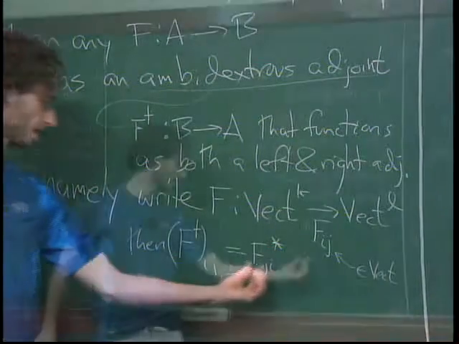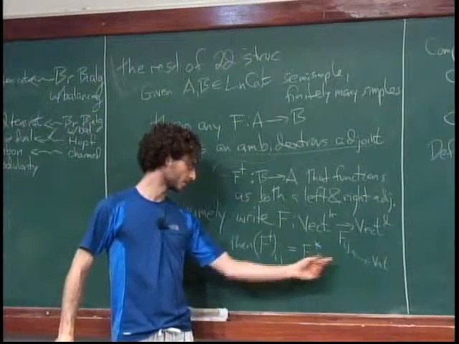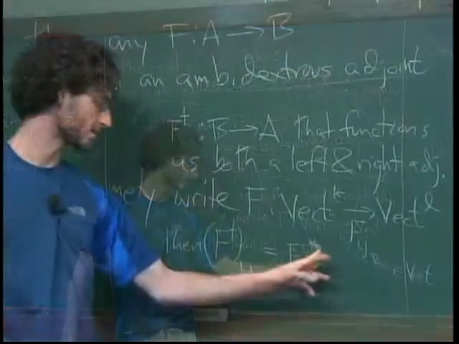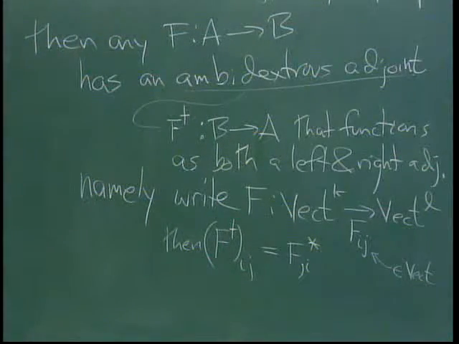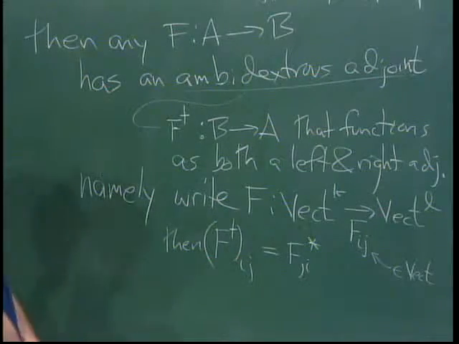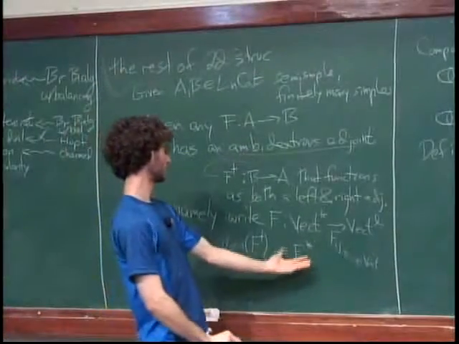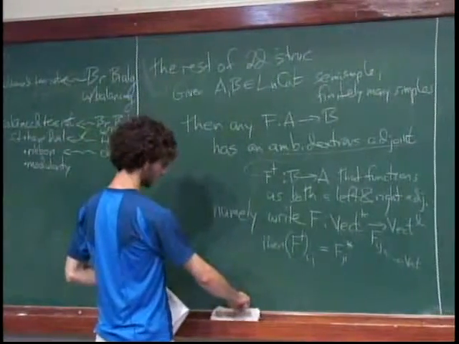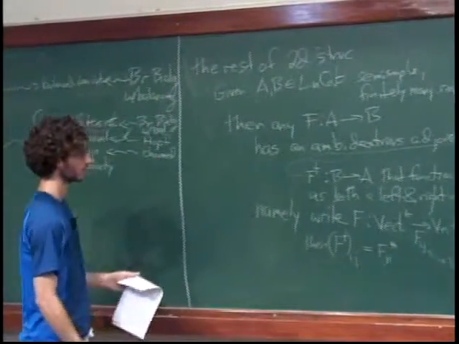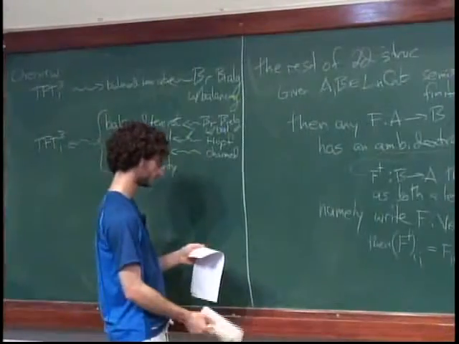That is, I take the transpose of this matrix of vector spaces, and then I take the dual of each individual vector space. I'll leave it to you to think about the fact that that does actually provide a left and a right adjoint to such a functor.